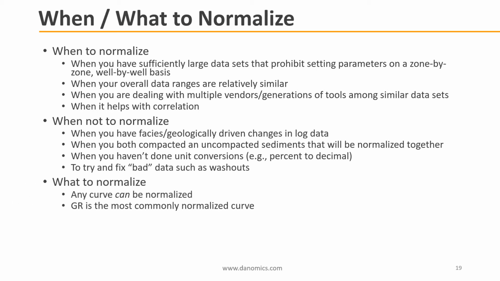Okay, and then the question of what to normalize. Well, any data can be normalized. You can normalize any and every piece of curve data that you want. I will say that gamma ray is the one that we see most commonly normalized.